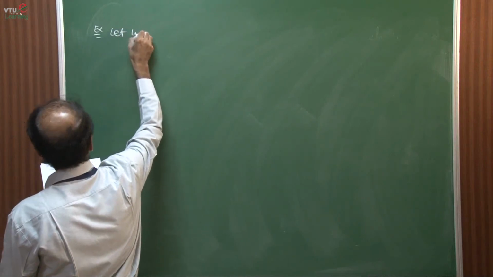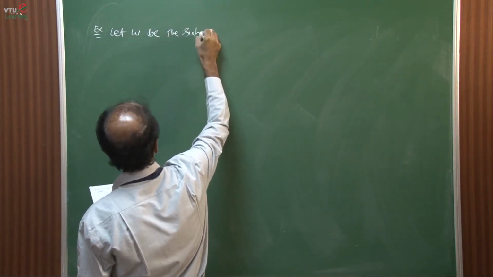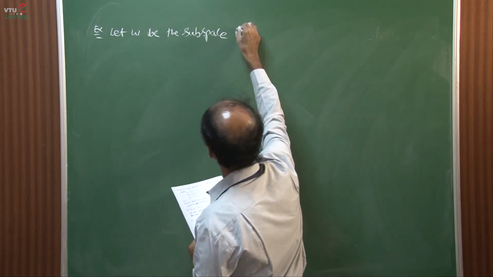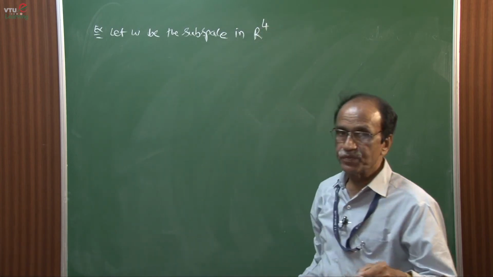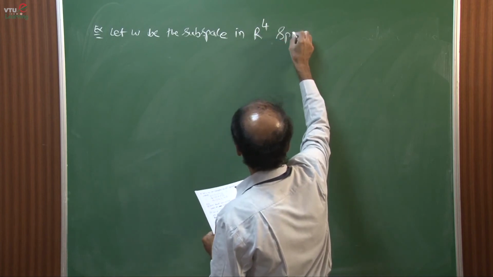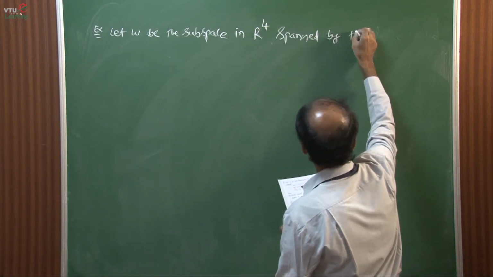Let W be the subspace in the region with 4 different values. Here instead of 3, 4 different values spanned by the vectors.